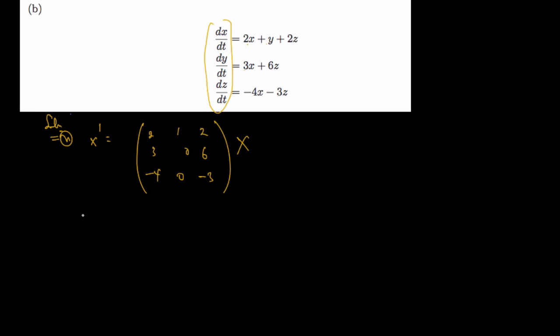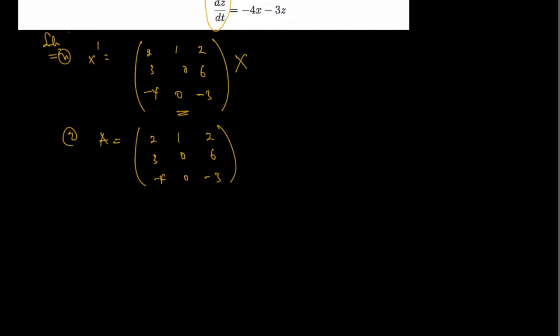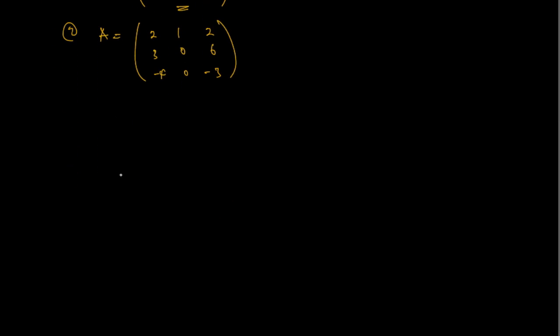So that was the first thing we did. And the next thing is you identify your coefficient matrix. So the coefficient matrix here is 2, 1, 2, 3, 0, 6, negative 4, 0, negative 3. Now having done that, the next step is to find the eigenvalues of the coefficient matrix.